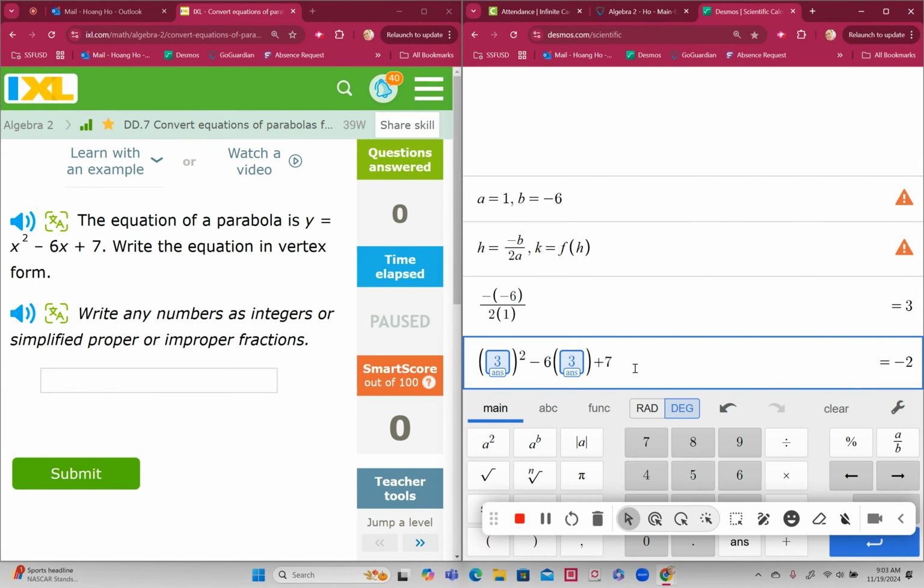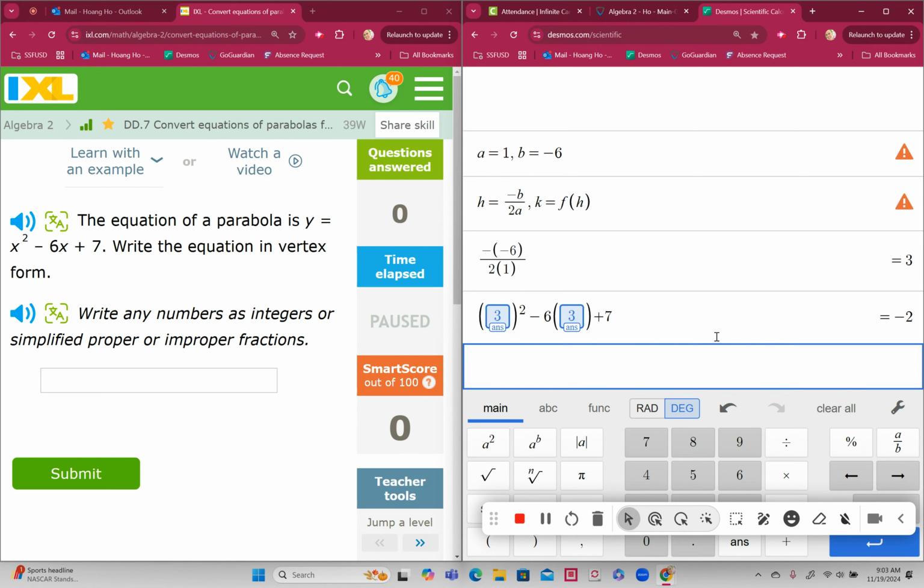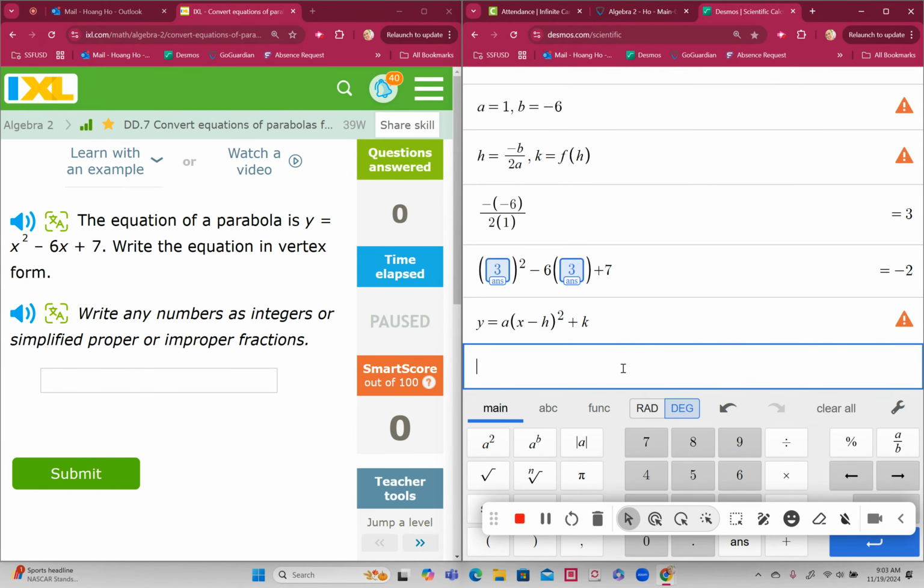All right. So now I write my vertex form. Y equal a times x subtract h, squared, and then plus k. So now I copy this.